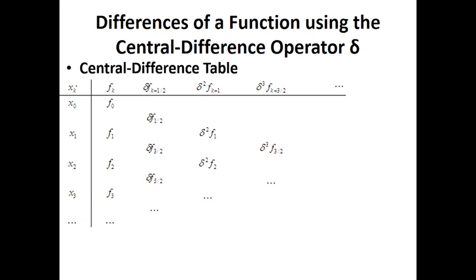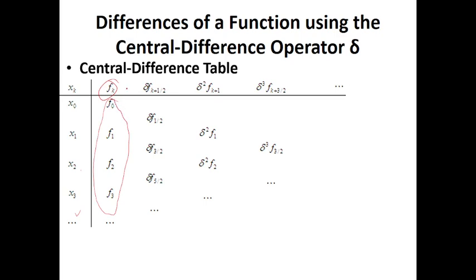We have the variable x, the arguments: x sub 0, x sub 1, x sub 2, x sub 3, and so forth. Then we also have the functional values, f sub k: f sub 0, f sub 1, f sub 2, f sub 3, and so forth.